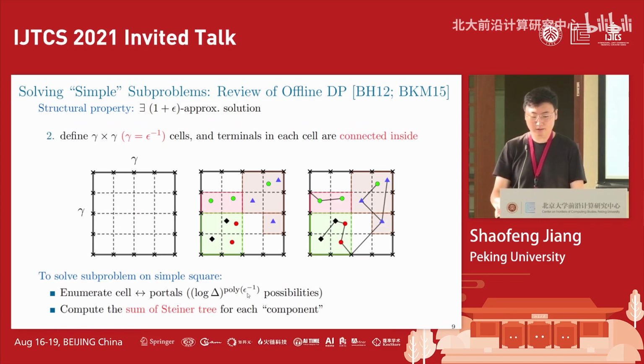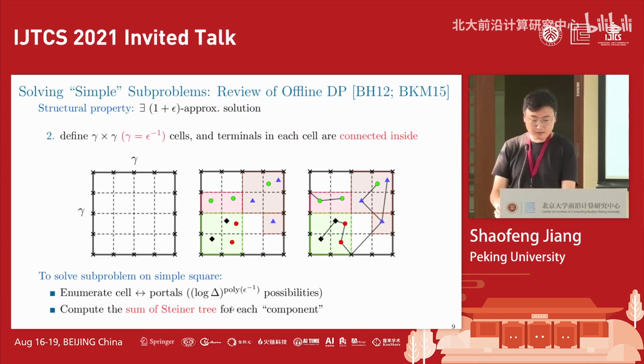This is quite a small number in streaming, and then we can compute the sum of the Steiner tree for every enumerated component. So here I still follow the two-step approach as I stated before. I first enumerate the connectivity of the solution, and this only needs to be done for the cells because we have the second property.